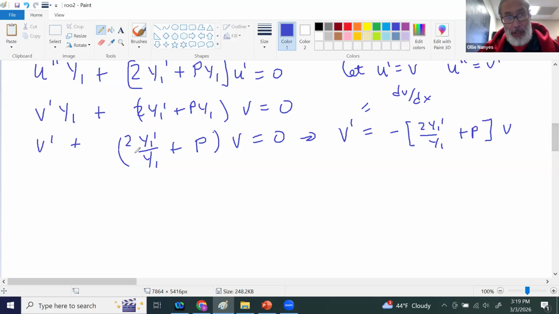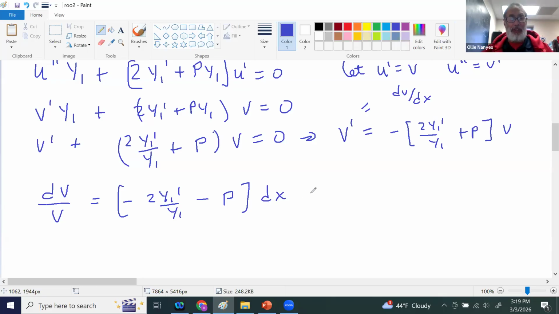We could do this with the integrating factor, where it'd be e to this integral here, or we can separate the variables, because we can write it like this: dv over v is minus 2 y1 prime over y1 minus p, all times dx.